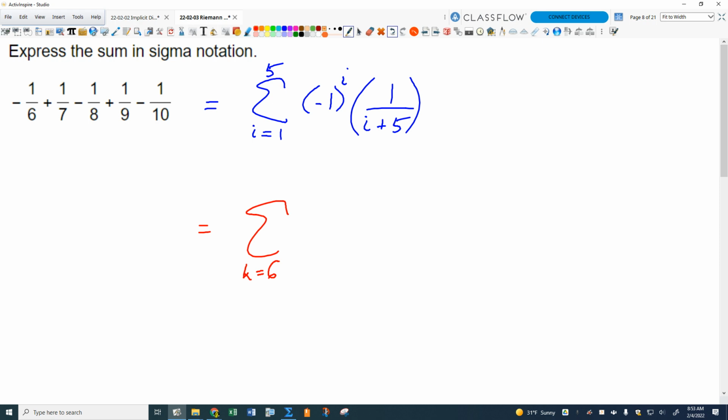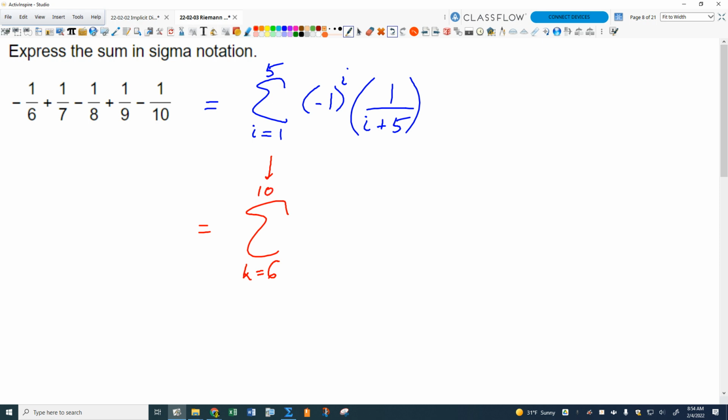What would it have to be if I'm starting the index variable at 6? What would the top have to be? What number has to go there? If I'm starting with the 6th term. Like here I started at 1 and I counted from 1 to 5. Here I'm starting at the 6th term and counting to what term? 10th, yeah.